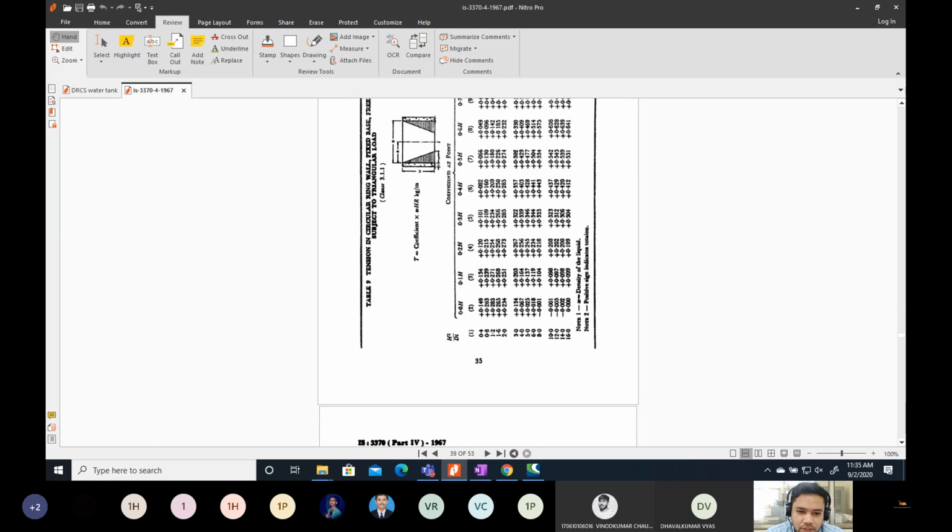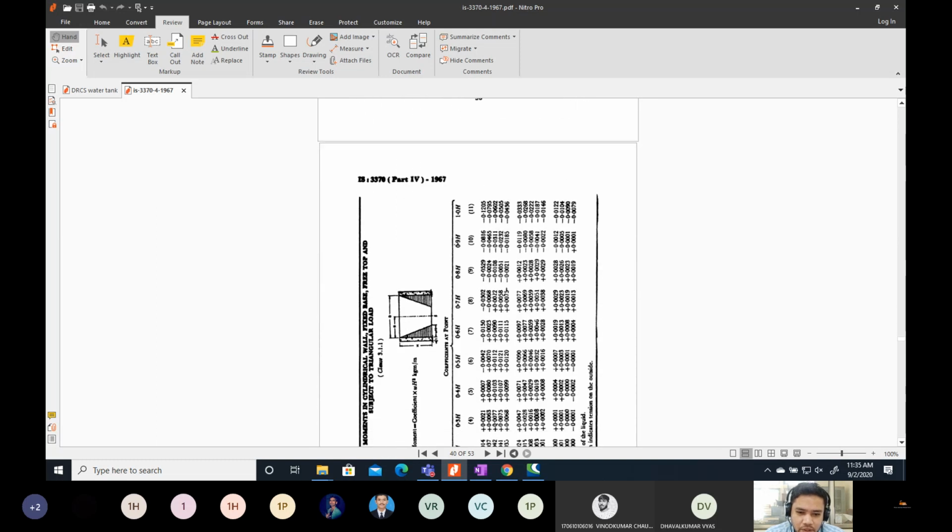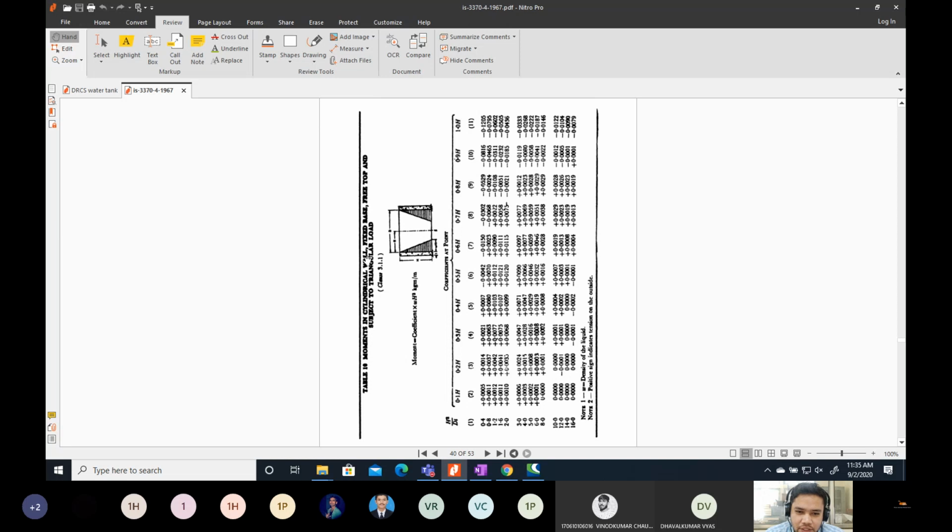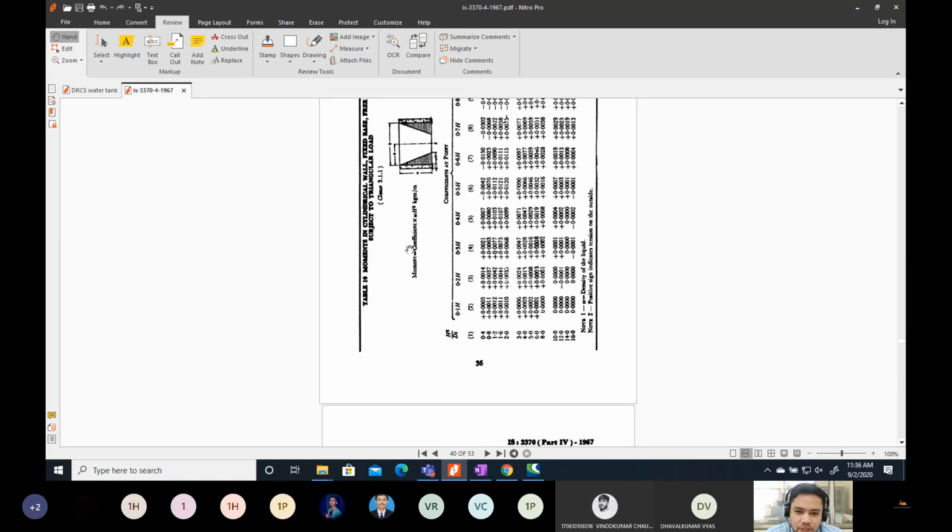Okay, similarly, you have another table for moments in cylindrical wall with fixed base and free top, and subjected to triangular loading. As our tank is filled with water and the pressure distribution is triangular in shape, we can use this type of table to find the coefficients, and using these coefficients we can find the moment at different heights of the wall.